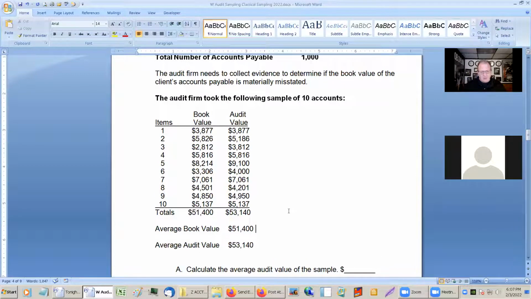Okay, so the average book value. We had a sample size of 10, so we'll divide this by 10 items. Equals 5,140.